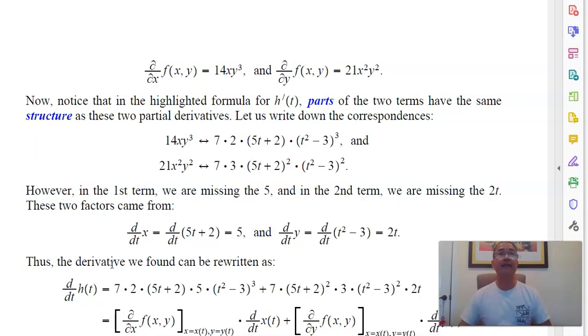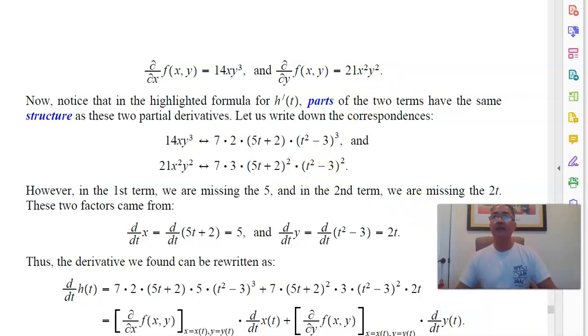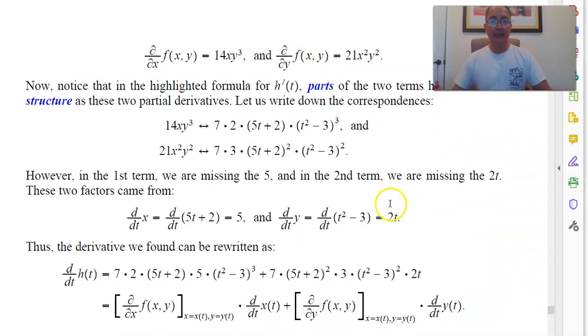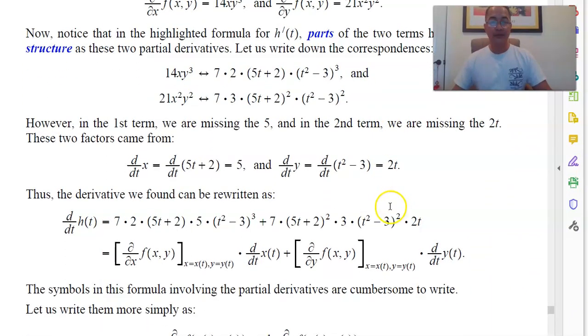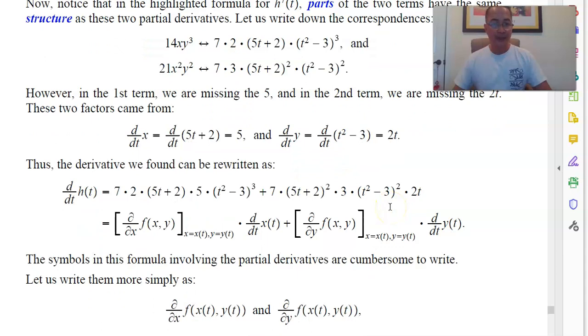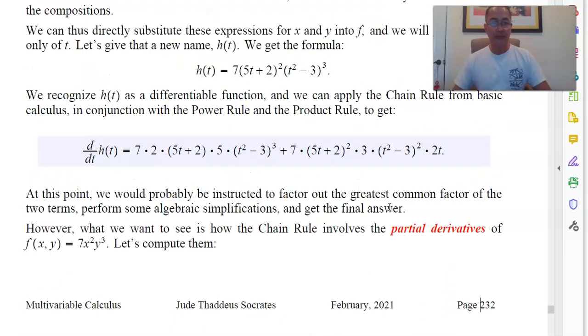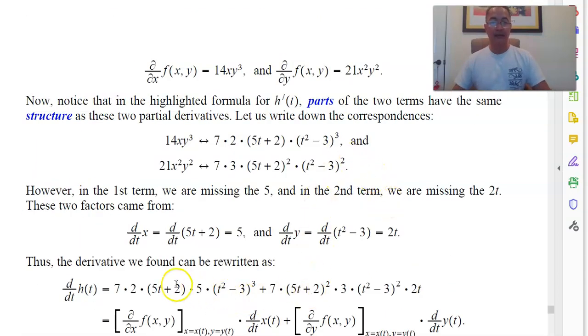Okay, so let's move on down. So there they are, 14x y cubed and 21x squared y squared. Let me scoot on down the page because I do have the answer from the previous page. Oh, there it is. It was right there after all.